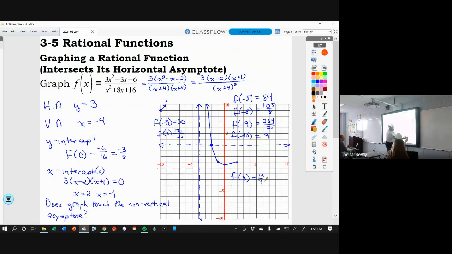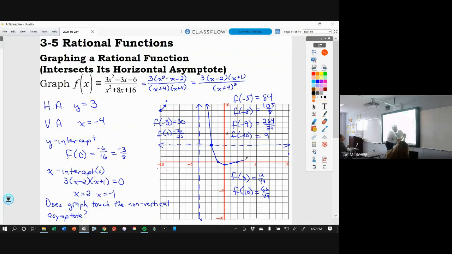Yes. Okay, so man, it's moving slow. Let's go all the way in. Go f of 10. 66 over 49. Is that about 1.5? Type it in your calculator and see. So at 10, we're up to 1.5.